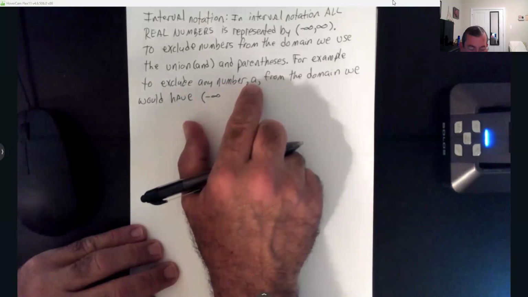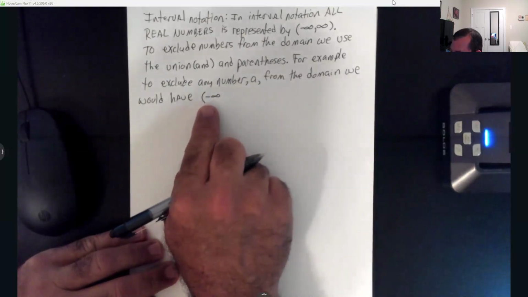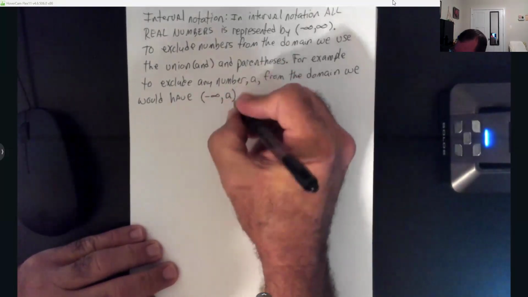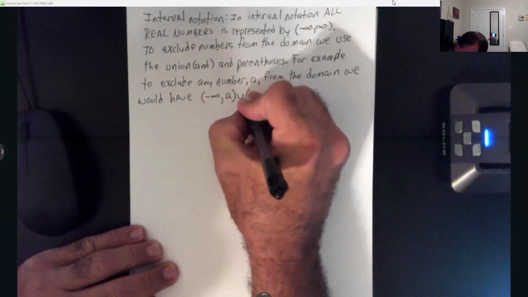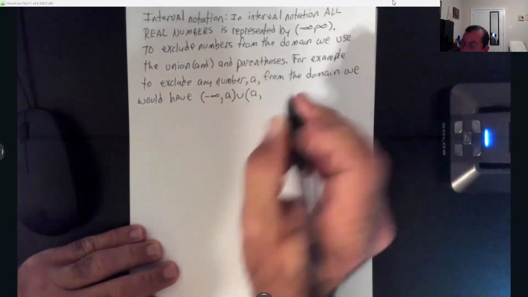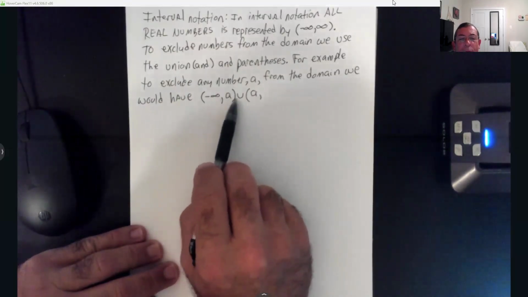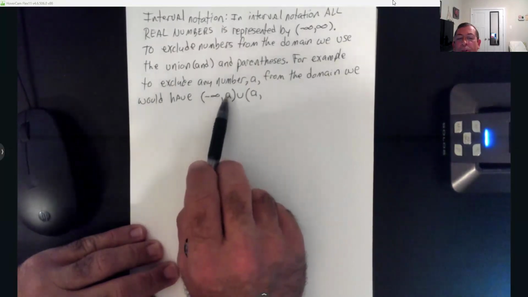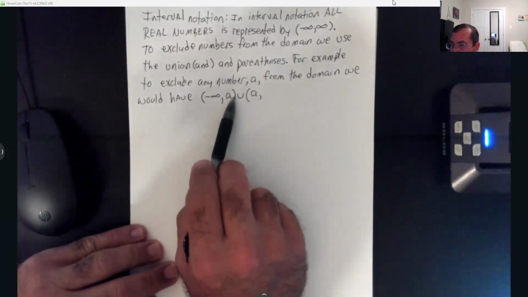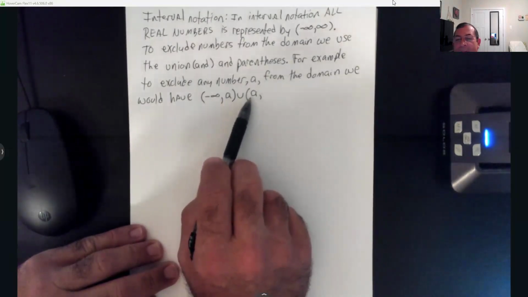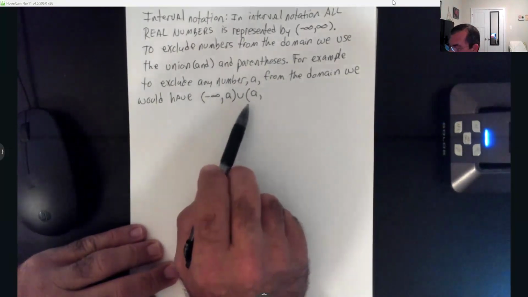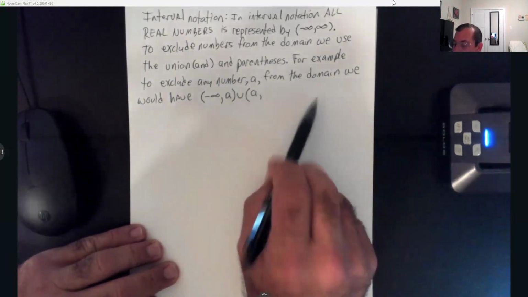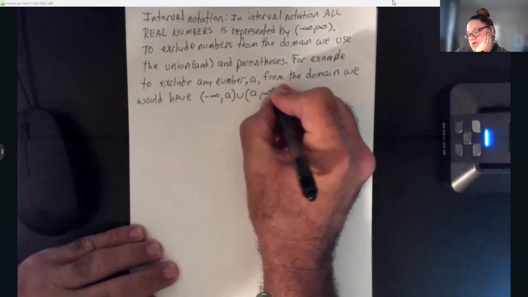But y'all watch how I kick out this A. So my domain goes from negative infinity up to the A, and then I'm going to use curvy parentheses and my union. So what this is saying, since I've got curvy parentheses around this number, is that it goes from negative infinity up to A, but it doesn't include the A. Then on the right side, it starts on the other side of the A, but it's still in curves, so it doesn't include that A. But from that A, I can head off towards positive infinity.